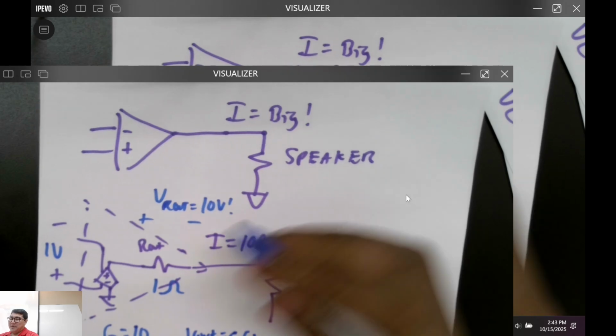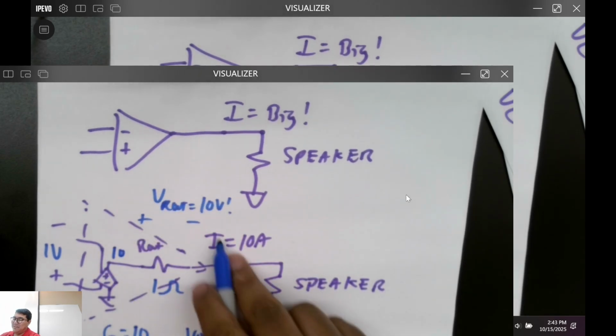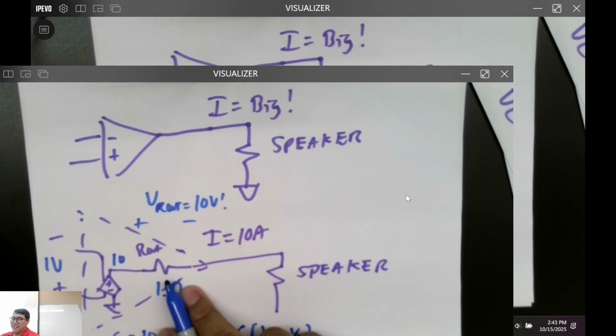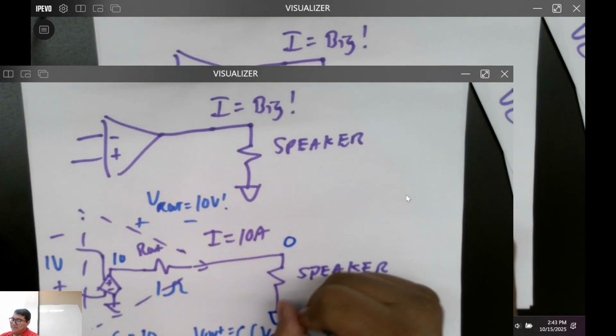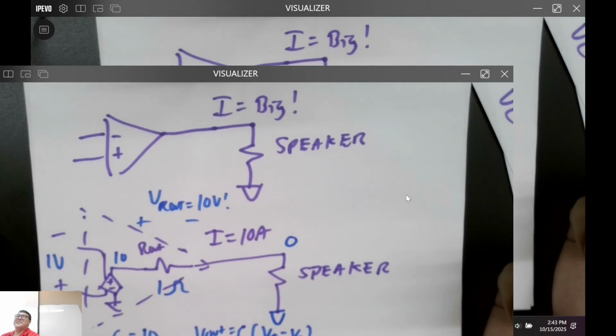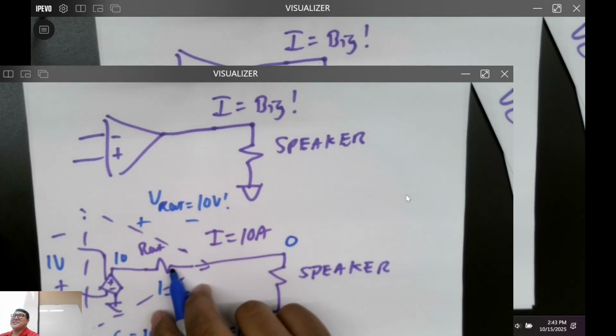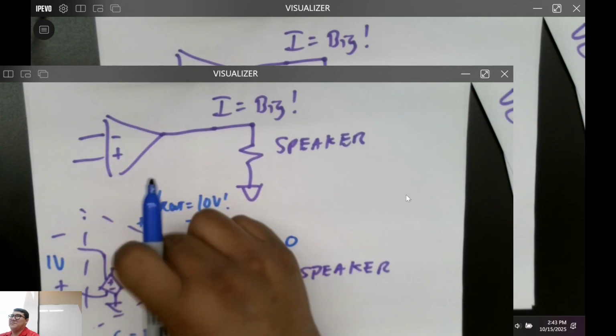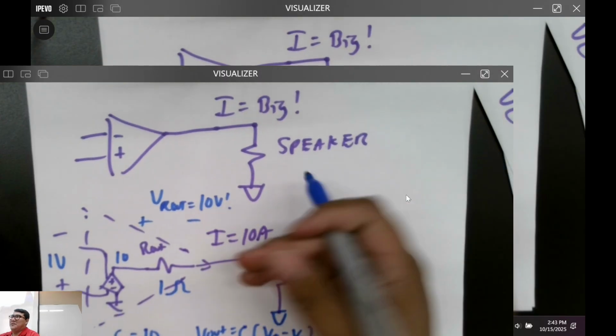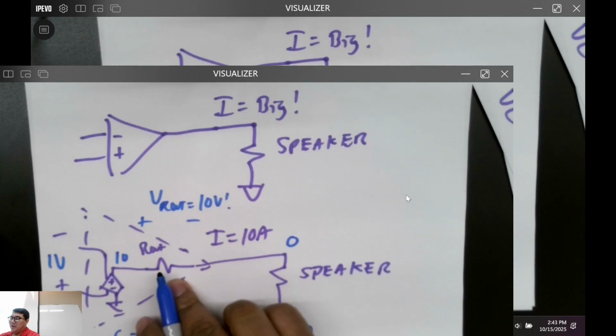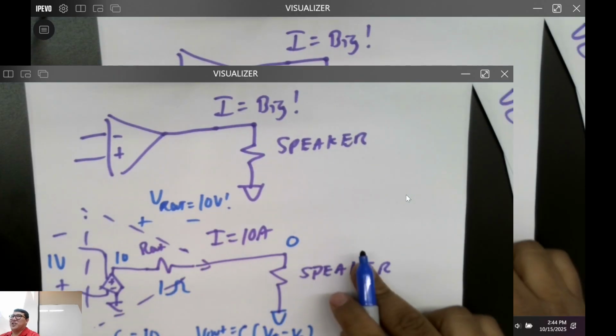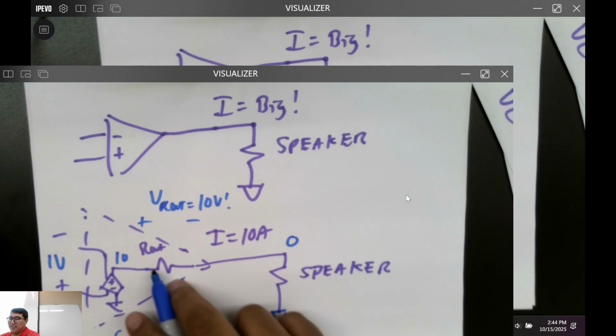But if we just had a V out of 10, what's the voltage over here? This is 0. So if we have some type of output resistance, like 1 or 2 ohms, there's going to be a noticeable voltage drop. That's why this output resistance is going to be 0.